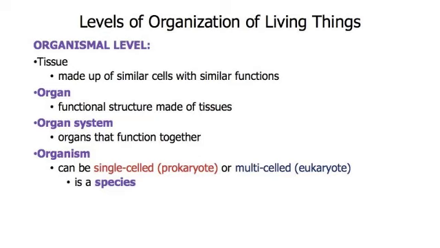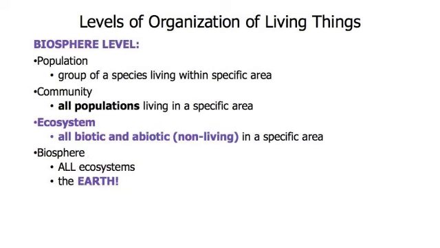And that leads us into the organism level of organization. An organism is a living individual thing, like a person, like a dog, like a cat, like an iguana, or it can be a single-celled prokaryotic species such as E. coli. And then we move into some larger organizational levels of life.